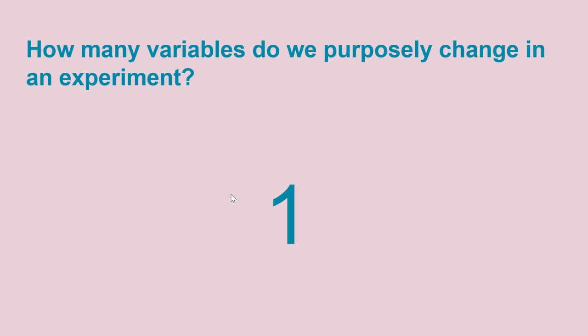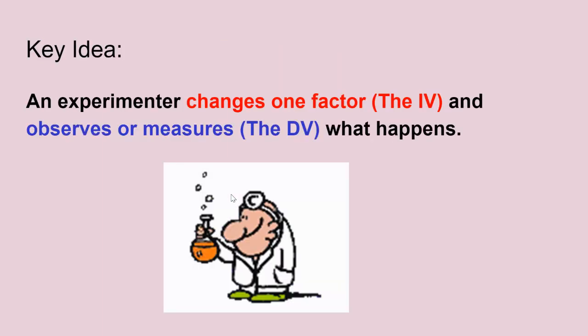We're just purposely changing one variable so that we can measure the impact that that had on, in this example, the plant. The key idea here is experimenters change one factor, the independent variable or IV, and they observe or measure what happens. What they're observing or measuring is the dependent variable or the DV.